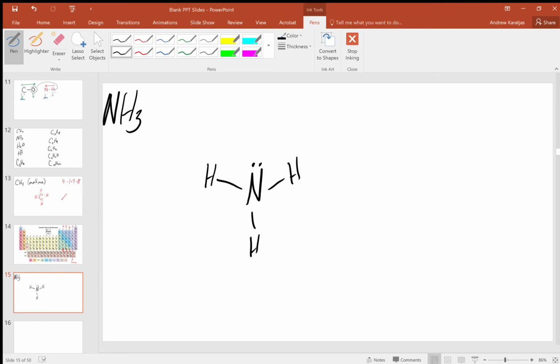And then the last 2 electrons come in as a lone pair. So right now, it's still okay if you're doing them the way we learned them in foundations. But as we start to do more and more of these, we're going to start to see patterns. And what that means is that we should be able to start doing these without having to draw out every single valence electron each time.